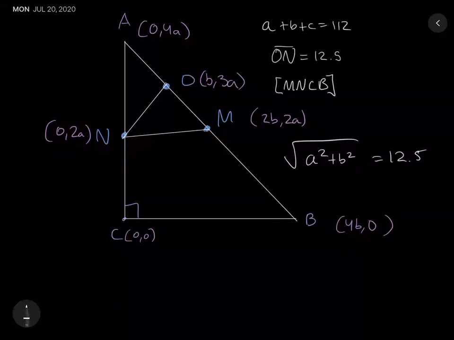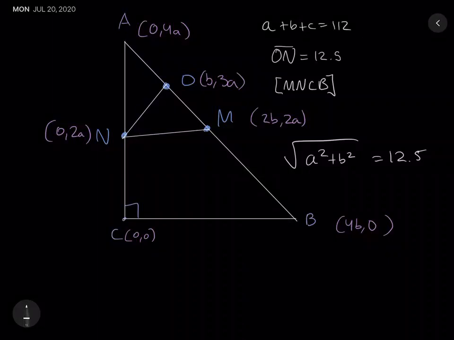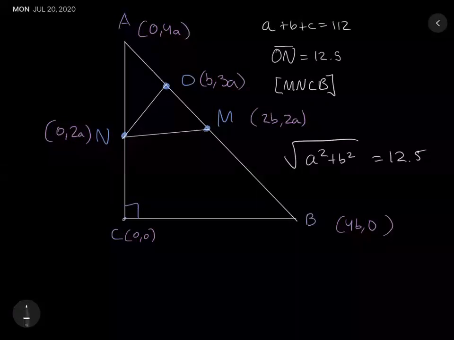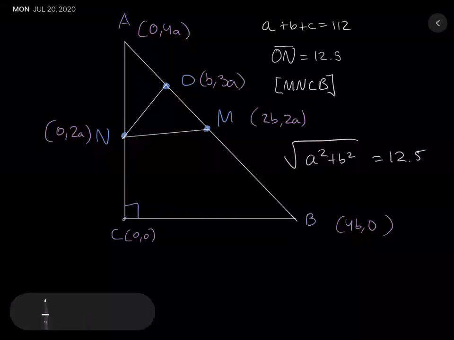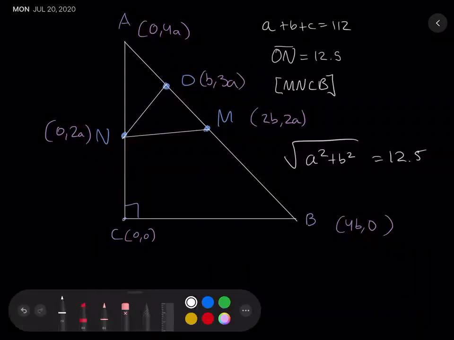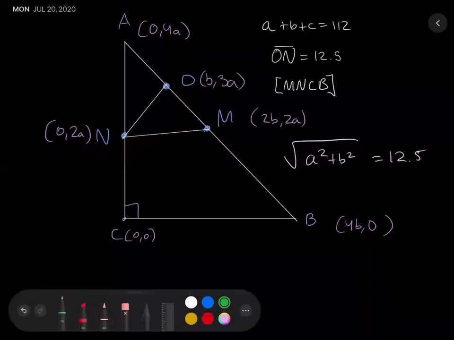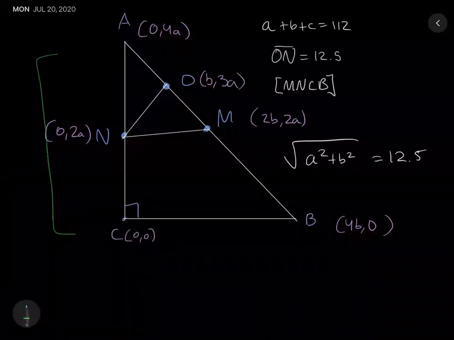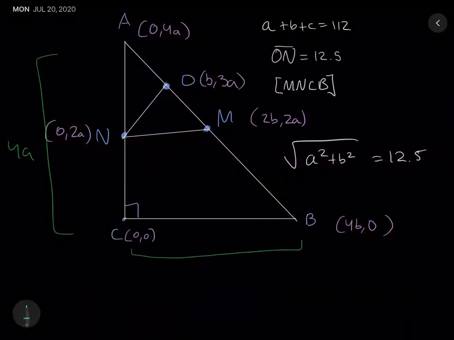So now the other piece of information that we haven't used is A plus B plus C equals 112. Let's find that out now. We know that AC is equal to 4a. So this thing right here is equal to 4a. BC is equal to 4b.